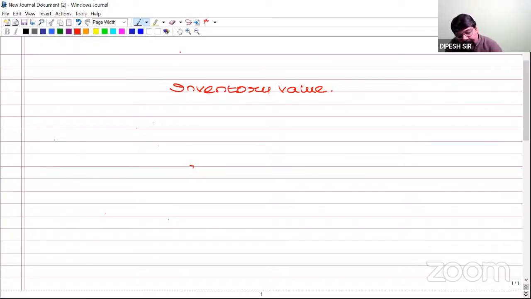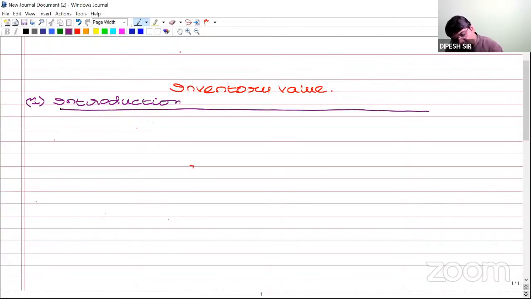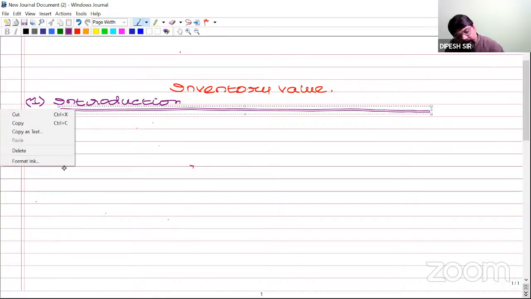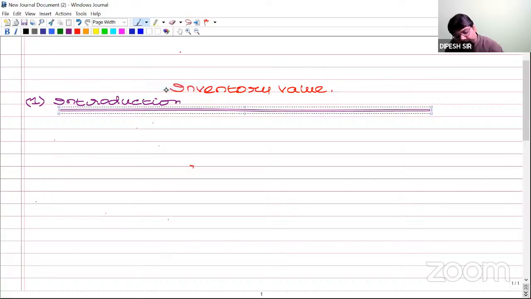In inventory valuation, point number 1 is introduction, in which we are supposed to discuss three things.